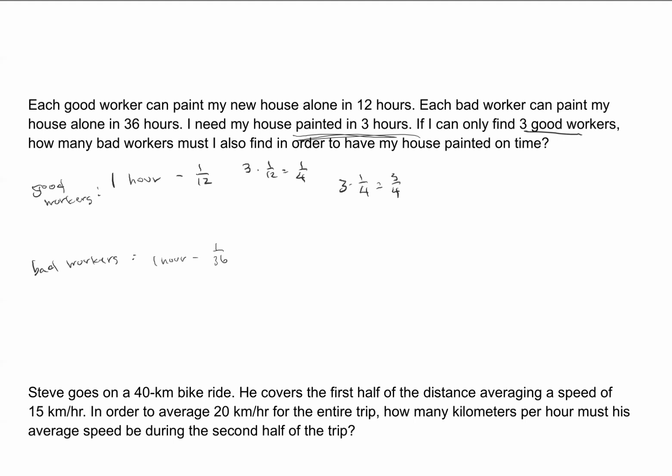And we know that x, which is the number of bad workers, times 1/36 times 3 for 3 hours equals 1/4, right? Because 3/4 has already been done by the good workers and 1/4 will be done by the bad workers. So I think x over 12 equals 1/4, x equals 3, right?